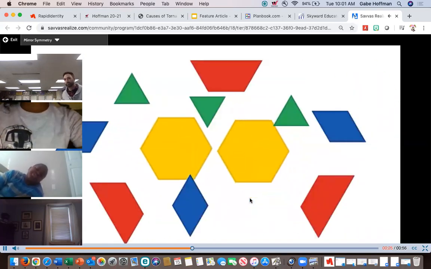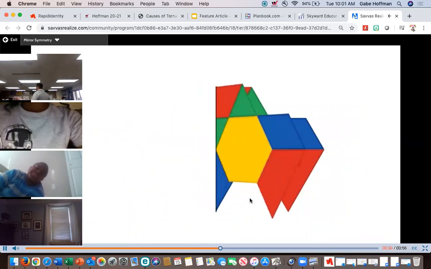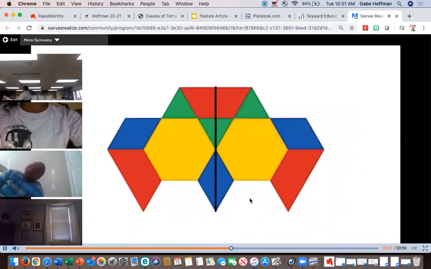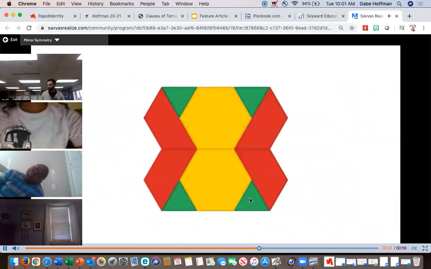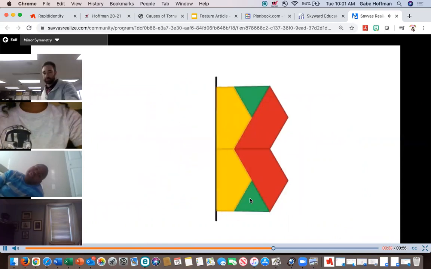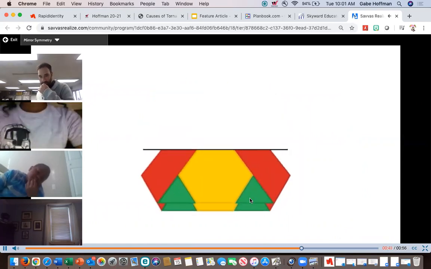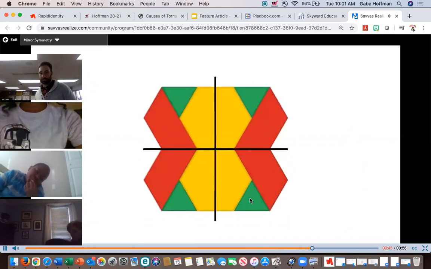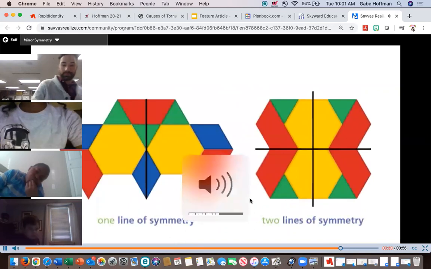I made a symmetric design using the power polygons. The left side is the mirror image of the right side. I made another symmetric design using the power polygons. The left side is a mirror image of the right side. In this design, the top part is also a mirror image of the bottom part. This shape has 2 lines of symmetry. These shapes have mirror symmetry.